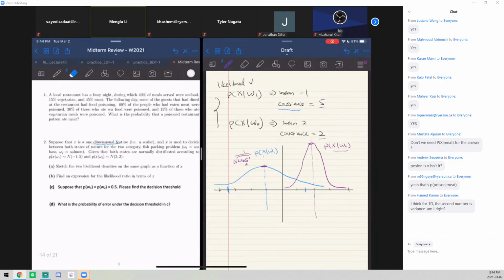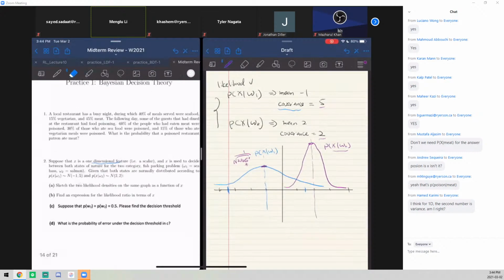Sorry, the question here shows the second parameter for 1D. This one should be the variance, not the standard deviation. So it's this sigma square.